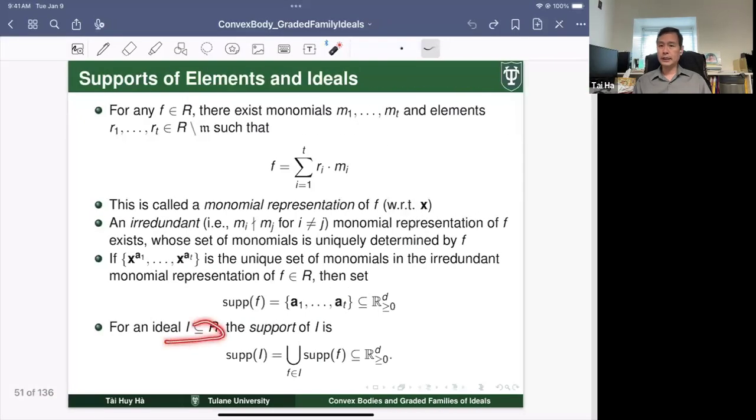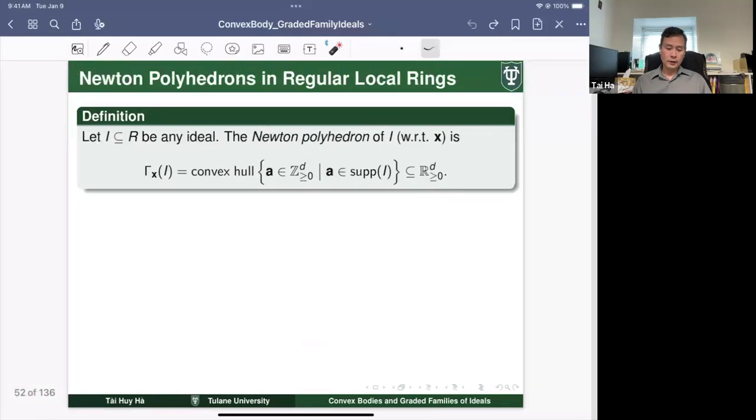And if we have an ideal, any ideal inside the ring R, the support of the ideal is just the union of all the supports of its elements. So now, if we start with an ideal, then we can define the Newton polyhedron of that ideal, with respect to this given regular system of parameters.